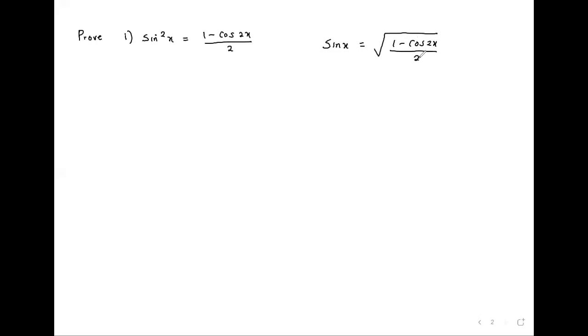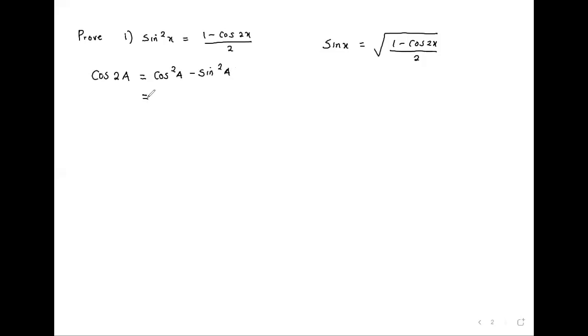Let's start with cos. What is cos 2a? Cos 2a by definition is cos squared a minus sine squared a. It's also an identity.